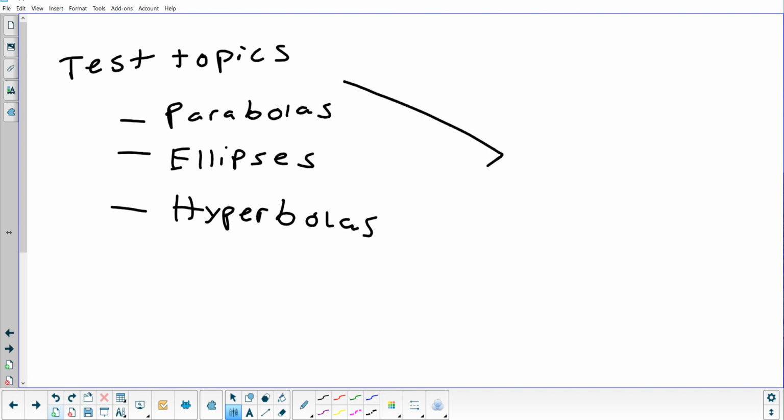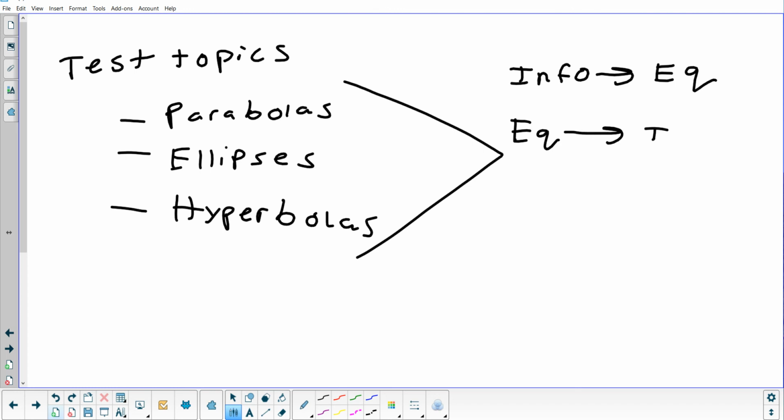For each type, you should know all the basic problems that you can have. You should know how to take information and translate that into an equation. You should know how to take an equation and translate that into all the information that's important.